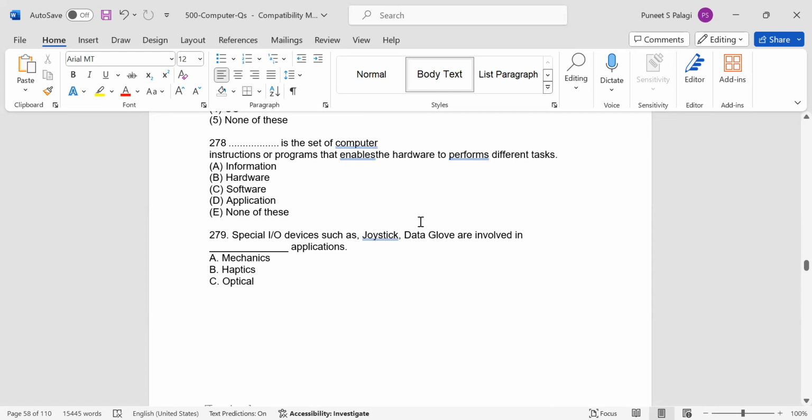Dash is a set of computer instructions or programs that enables the hardware to perform different tasks. Information, hardware, software, application? It is software.